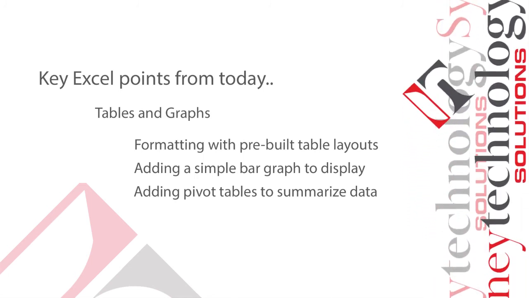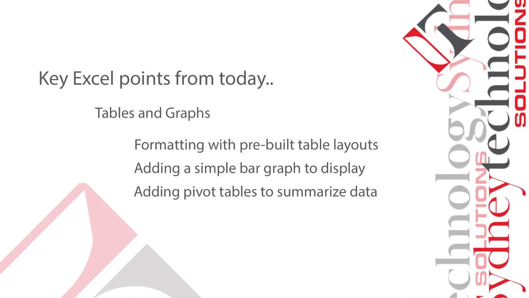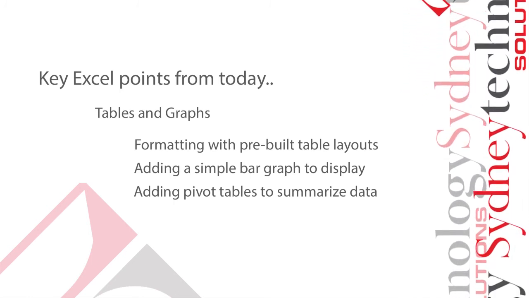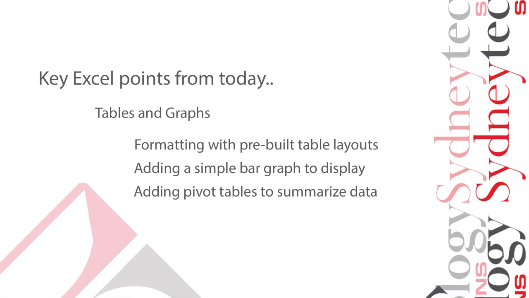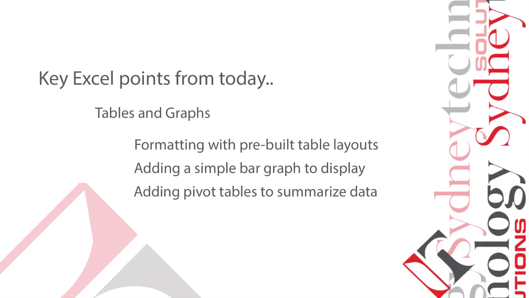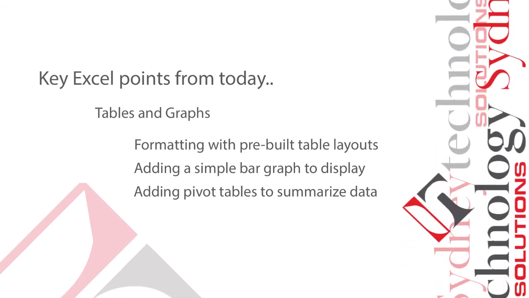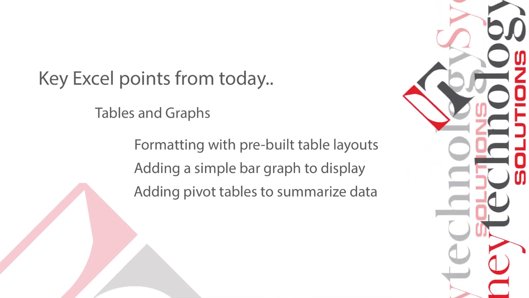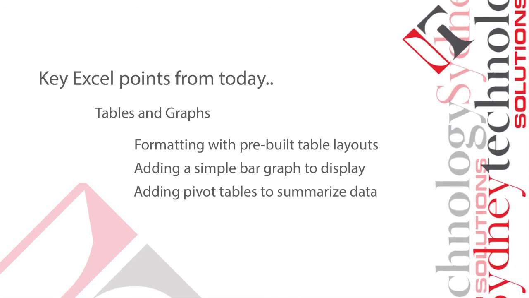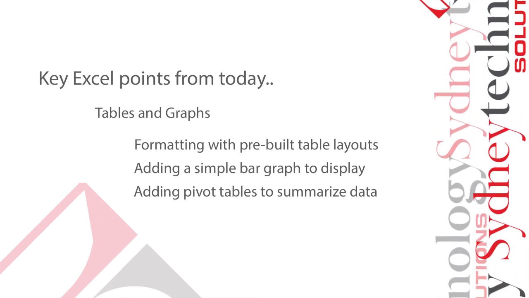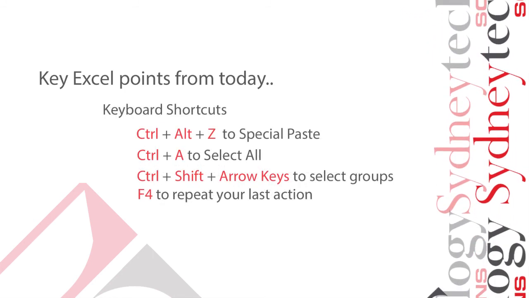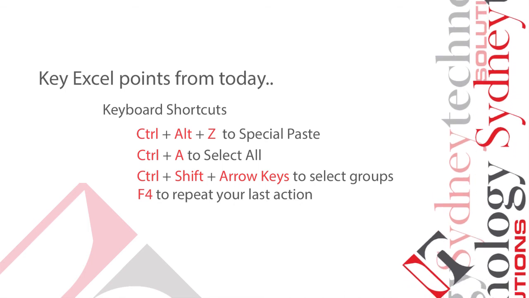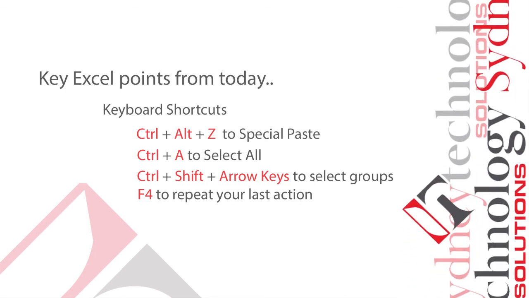This was using some of those pre-made table layouts to make those really fast and colorful tables, adding those simple bar graphs there that we showed the yearly sales throughout the period of dates, and also those really cool pivot tables that let you summarize or average or do all sorts of different things separate to your spreadsheet. And finally, some of the keyboard shortcuts we looked at today.